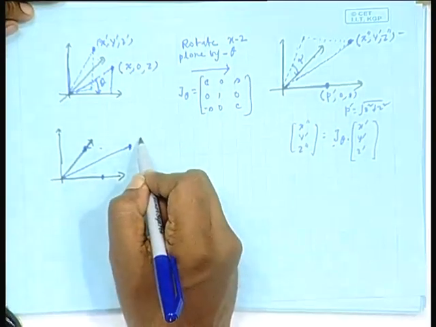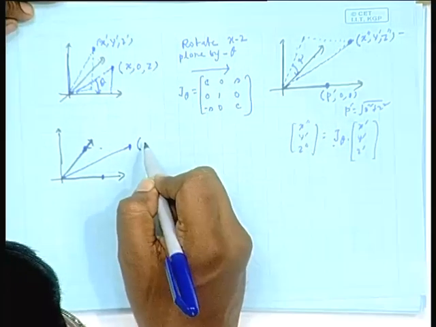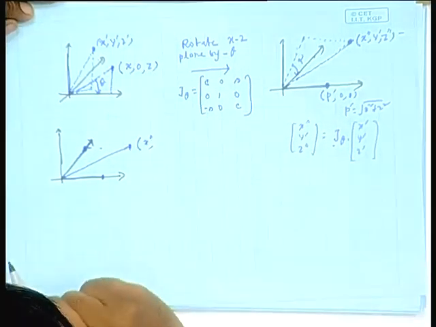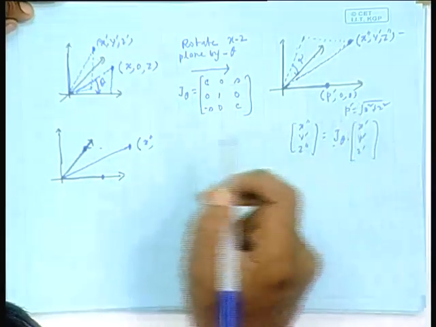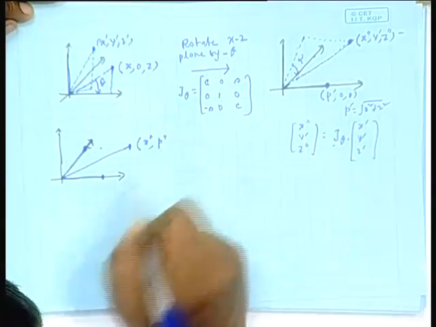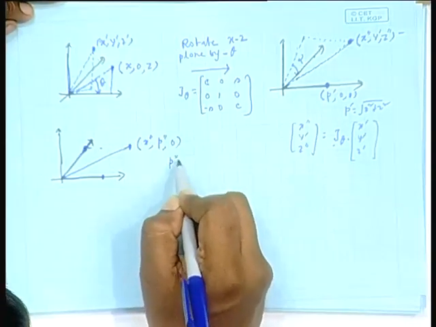So, this will be what? Its x value will remain as it is, x double prime. New y will be what? You can say p double prime and 0. What is p double prime?